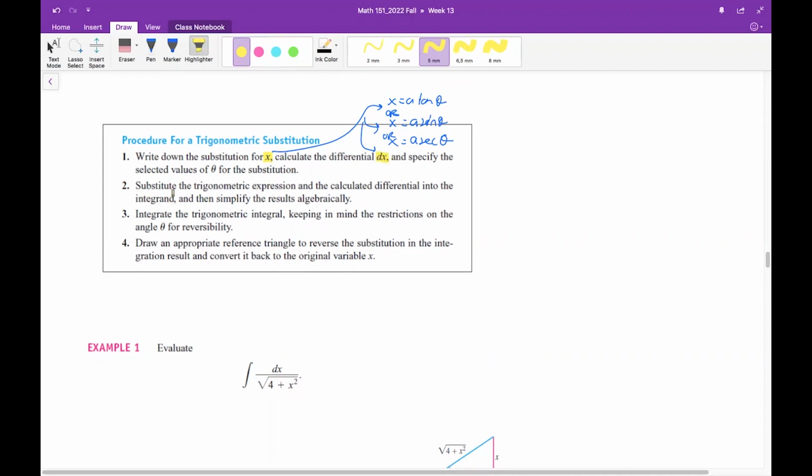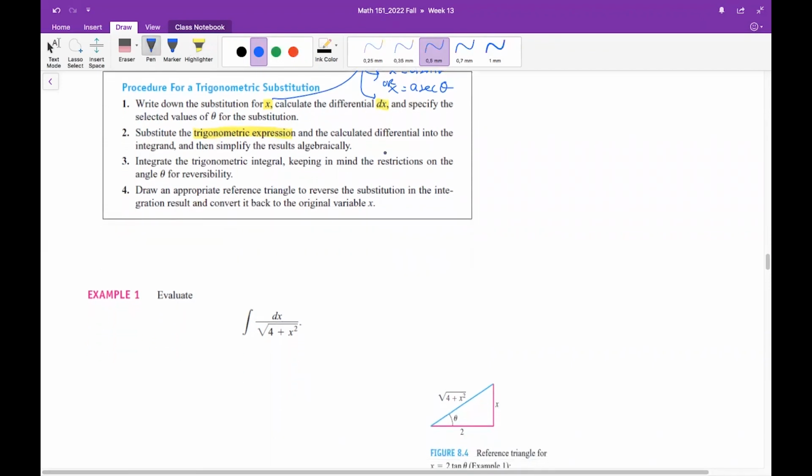Then you try to write your integral in terms of your new variable theta. How do you do that? You substitute these trigonometric expressions into your integral, and you transform your integral into a function depending on theta and d theta. So theta will be your new variable.